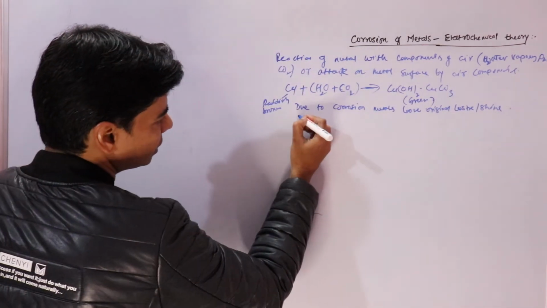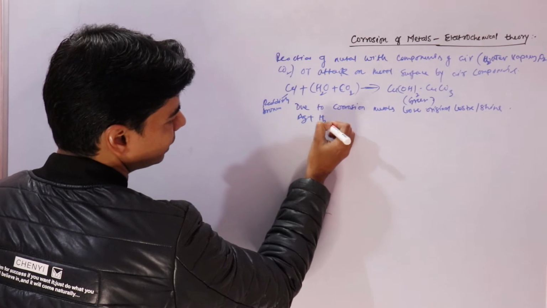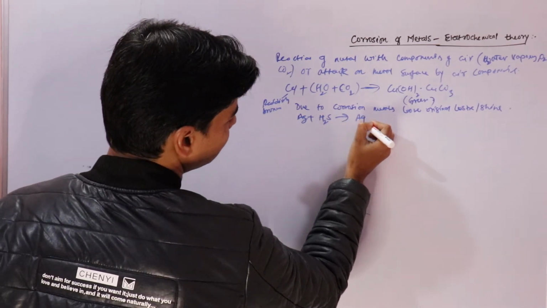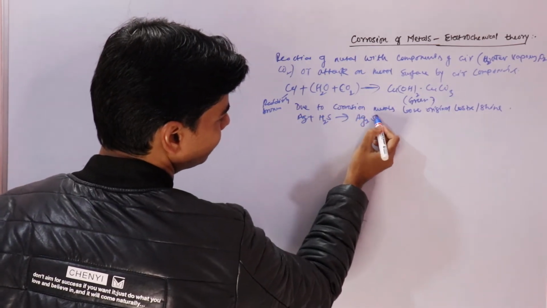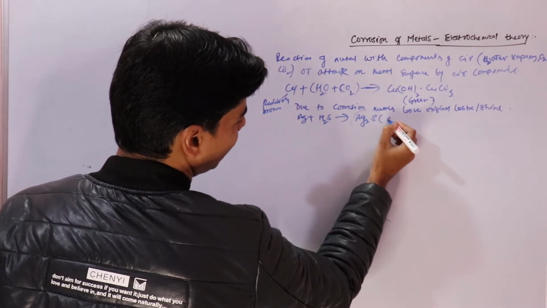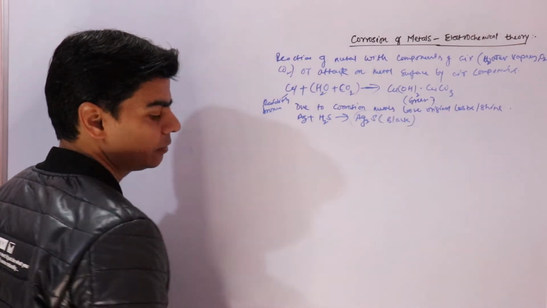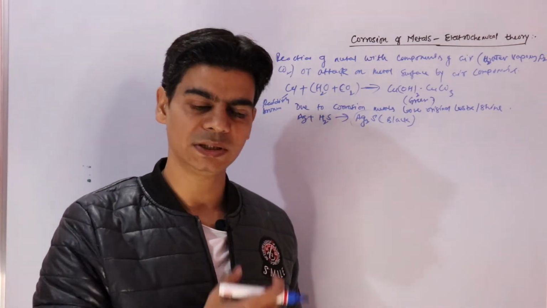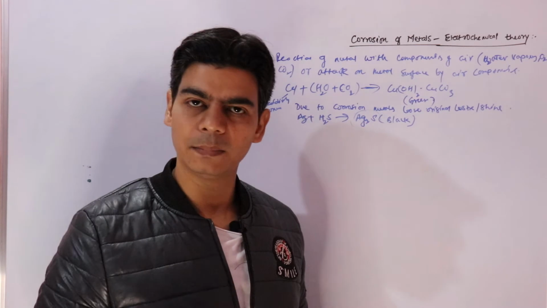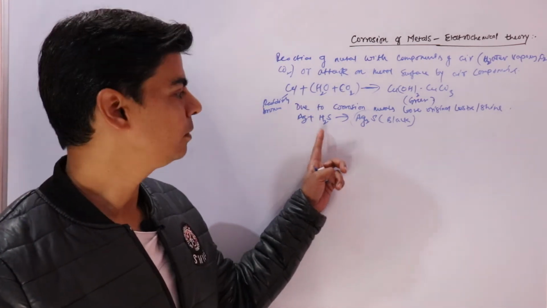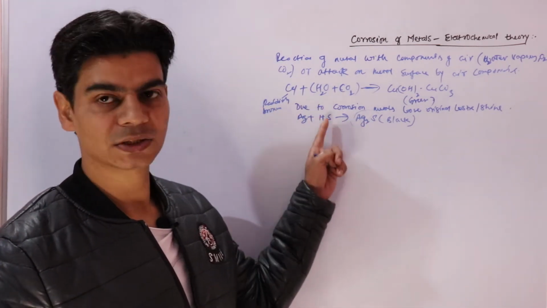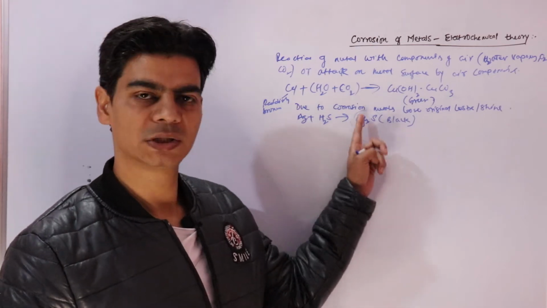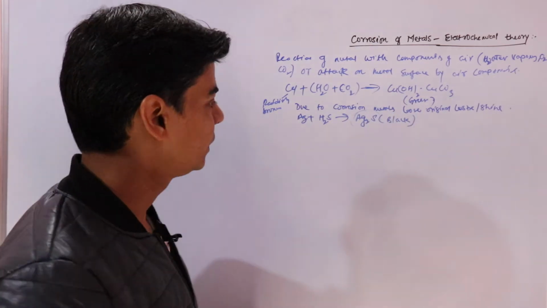Similarly, if we talk about silver, silver will react with traces of hydrogen sulfide which is present in air to form silver sulfide, right, which is black in color. That is why people who wear silver jewelry, after some time you will see that the jewelry will start acquiring black color due to corrosion of silver, and when silver gets corroded, it will form a chemical compound silver sulfide which is black in color, right?